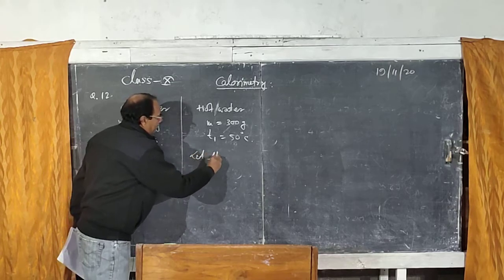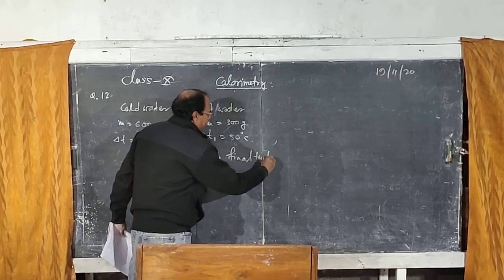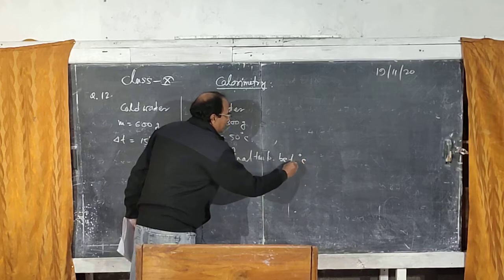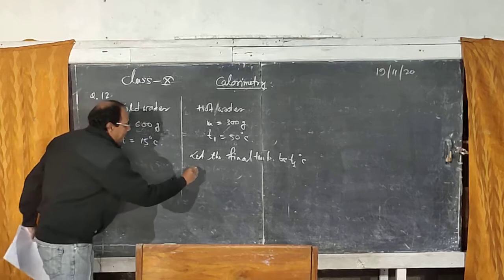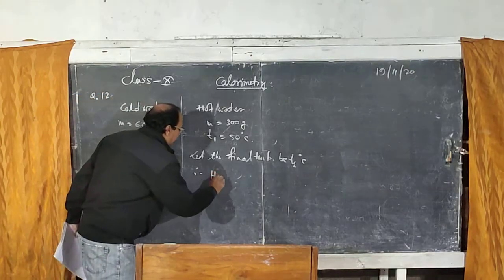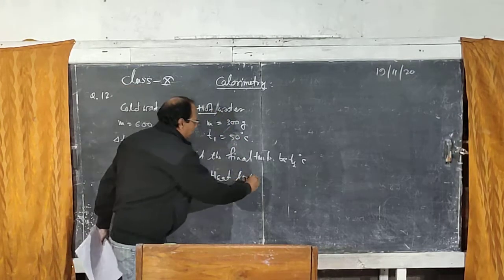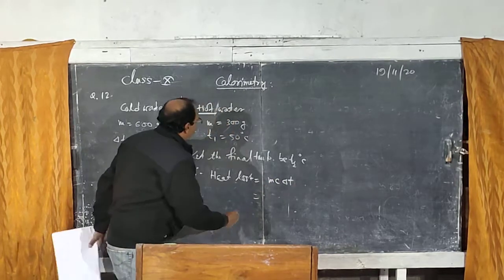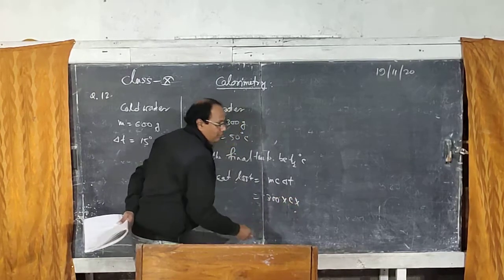So let the final temperature be T2 degree Celsius. Therefore heat lost, because this is hot water, heat lost equals mc delta T, is equal to 300 into C. No need to put the value of C because C is not given.